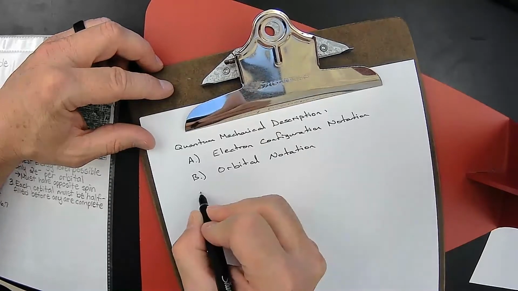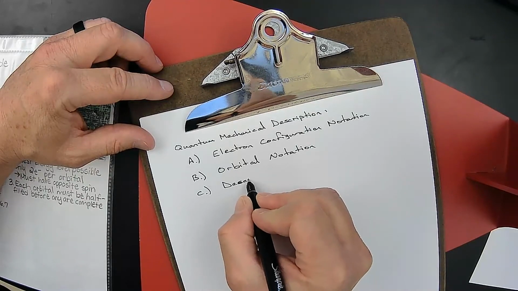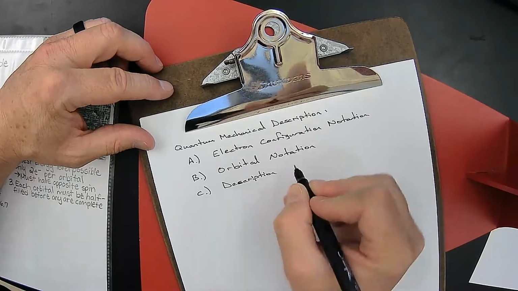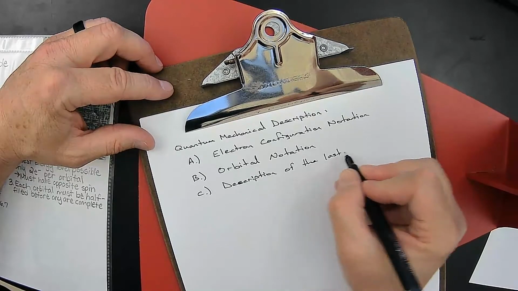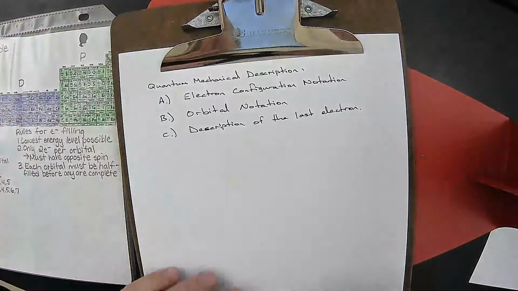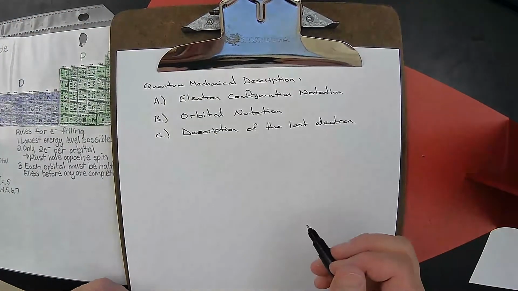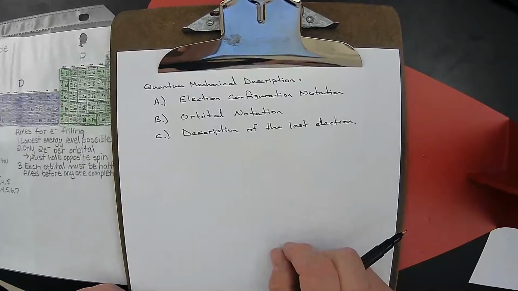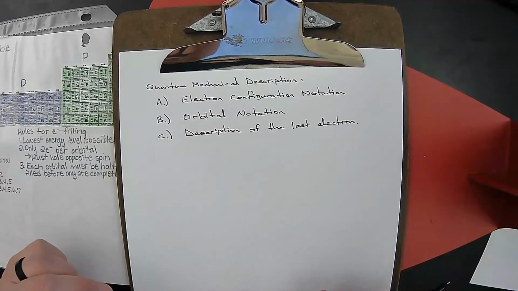And then we're going to write down what is called the description of the last or final electron. So we're going to look at 3 different ways that we identify the electrons within an atom on the periodic table.